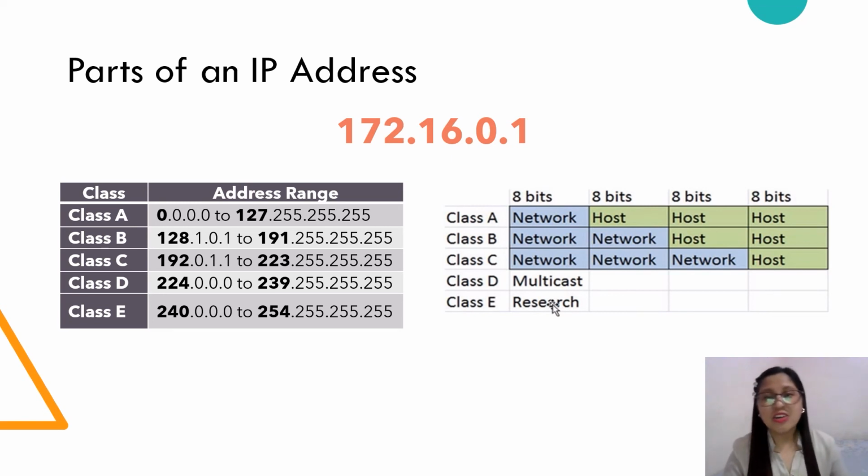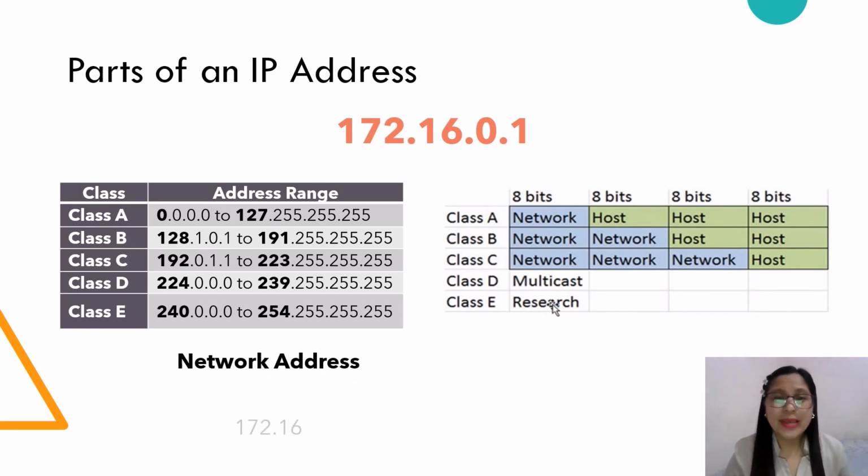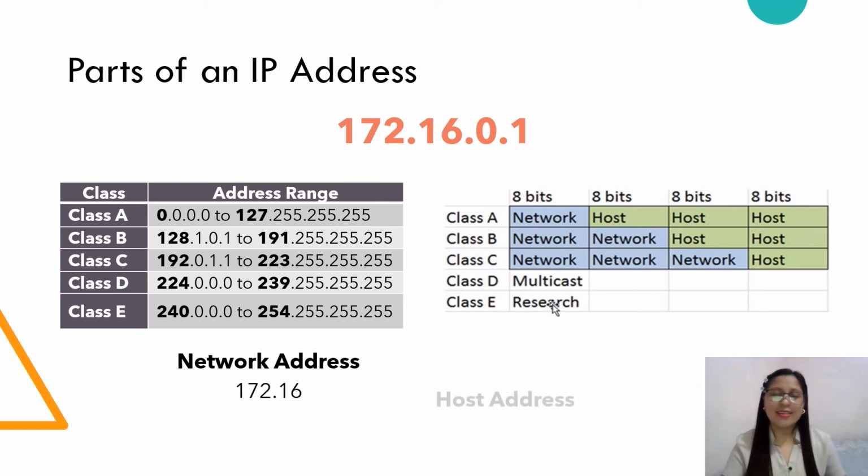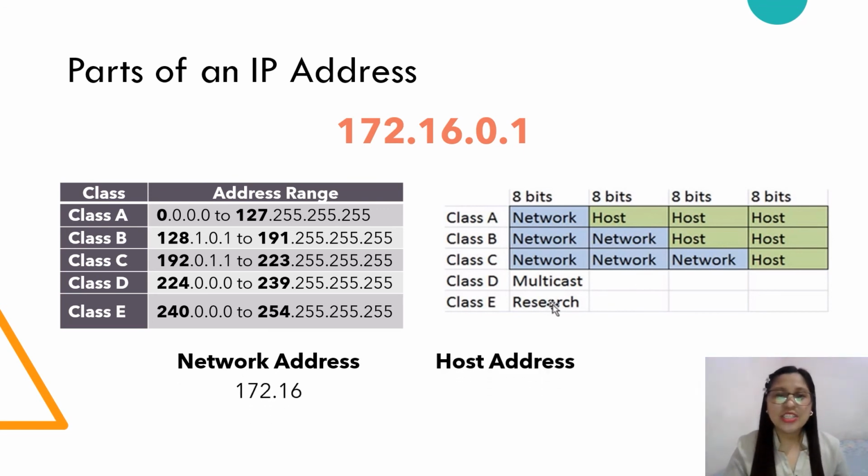The first and second octet of the class B IP address refer to the network address, and the third and fourth octet are used for host address. Therefore, we can break this IP address into 2 parts. The network address is 172.16 and the host address is 0.1.